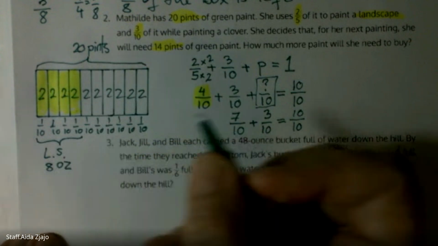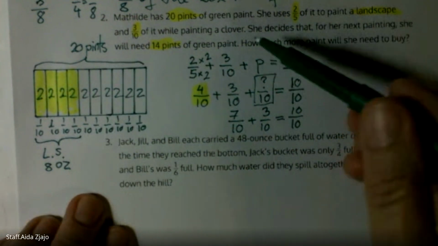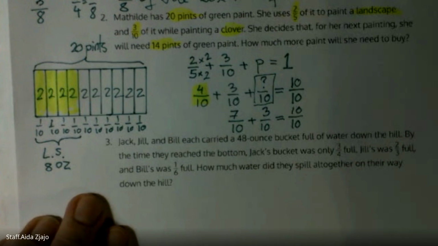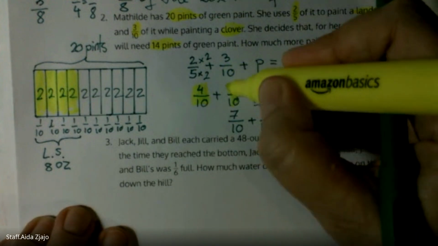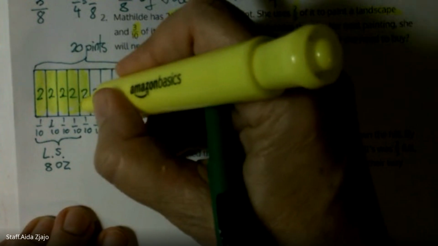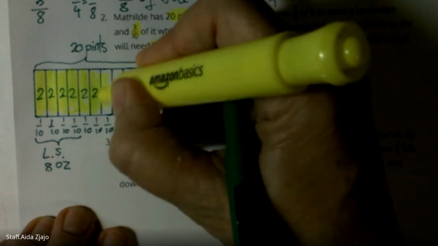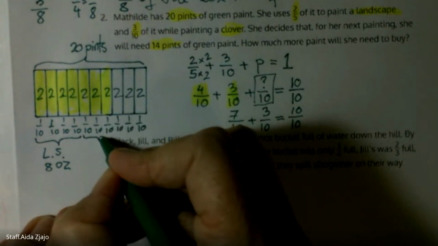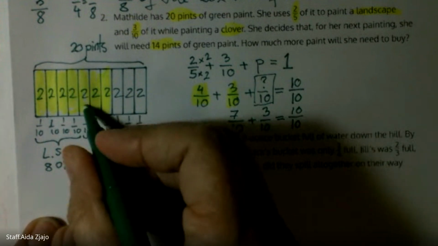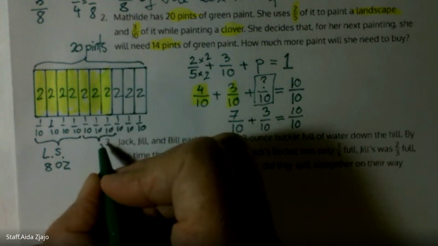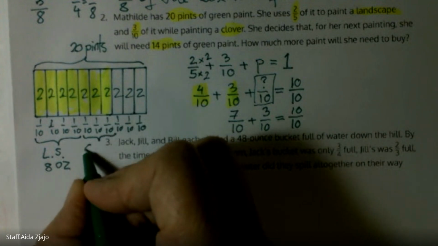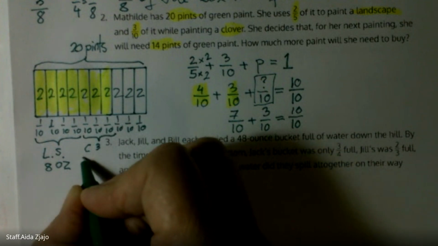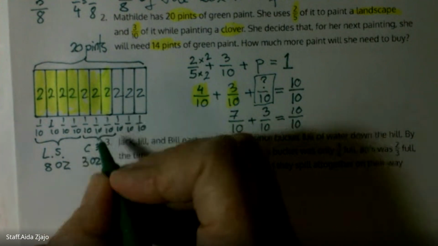Then she uses 3/10 for clover. You've got 1/10, 2/10, 3/10. So 3/10 is actually 2, 4, 6 pints. So the clover is 6 pints.